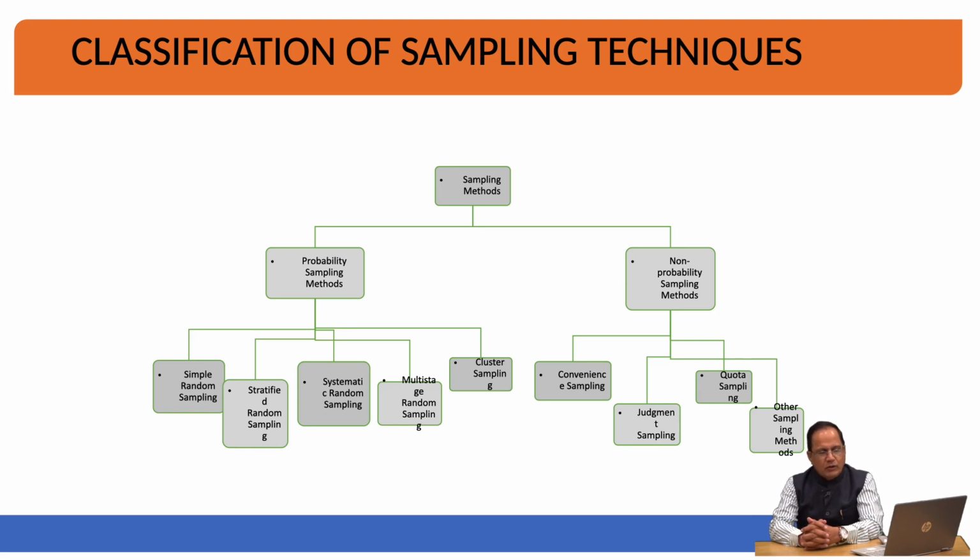Number 1 is simple random, number 2 systematic random, number 3 stratified random, and number 4 cluster random sampling. Whereas in non-random or non-probability sampling, the types are purposive or judgmental sampling, quota sampling, snowball sampling, and, of course, sometimes reliance or available subjects sampling.